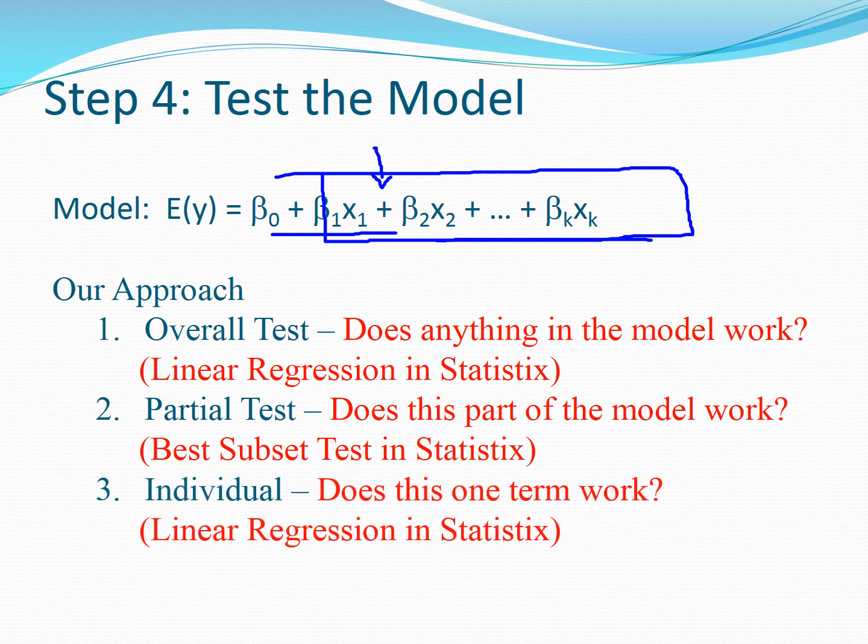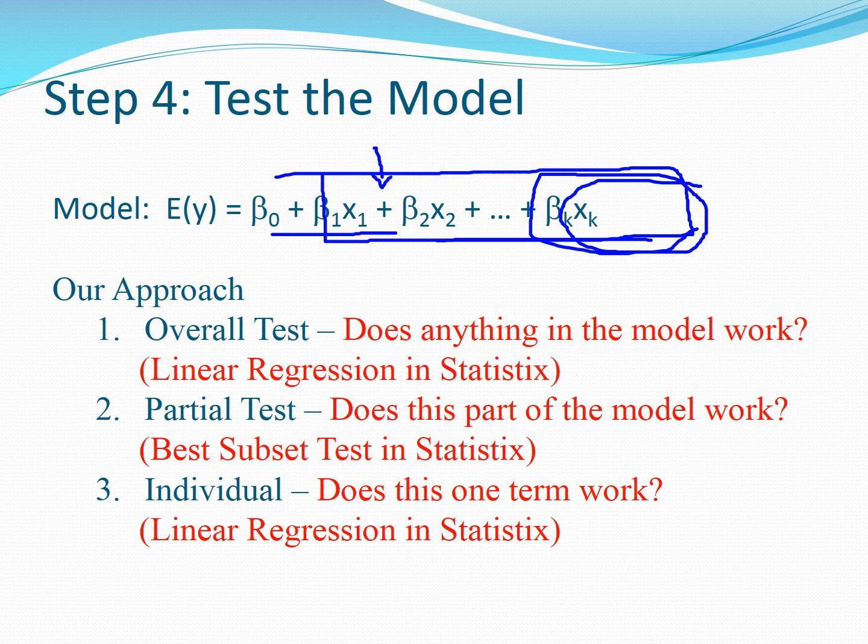And so there's a couple different ways of doing it. There's a partial test and an individual test. And the one you use depends upon the question you're asking. If you're asking about several pieces at the same time, so maybe there's a couple terms here, beta 8 and beta 9 out there, and you want to see, does something there work?